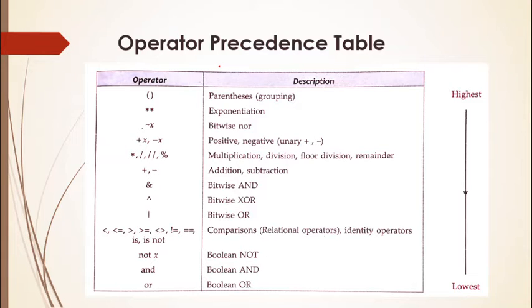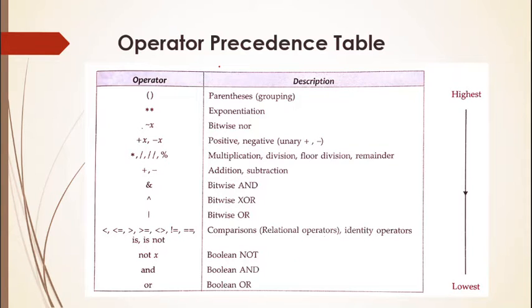Operator precedence. When we use more than one operator and more than one operand in a larger expression, the expression is evaluated from left to right, but the precedence of operators is taken care of. Precedence means which operation will be performed first, and which operation will be performed next.